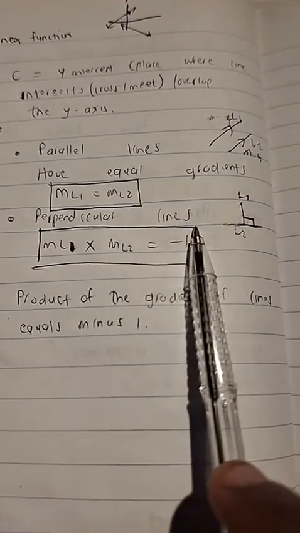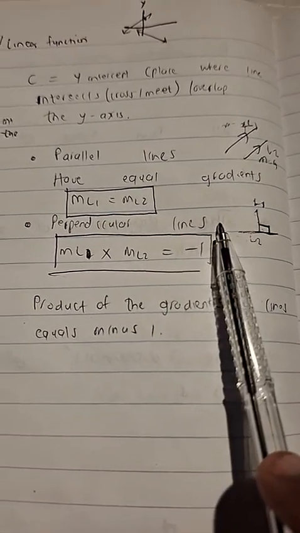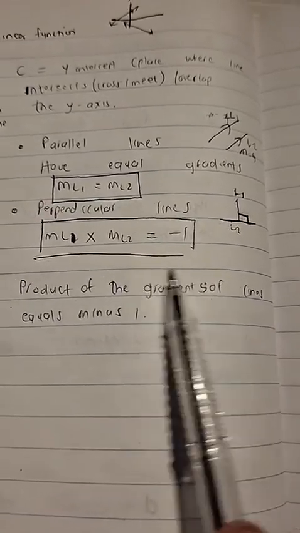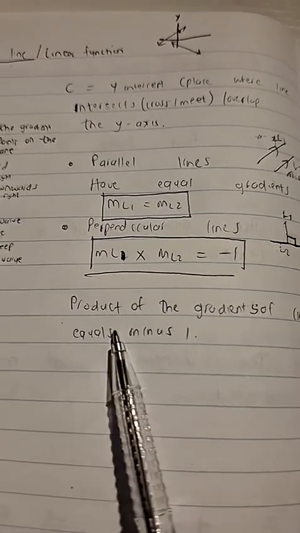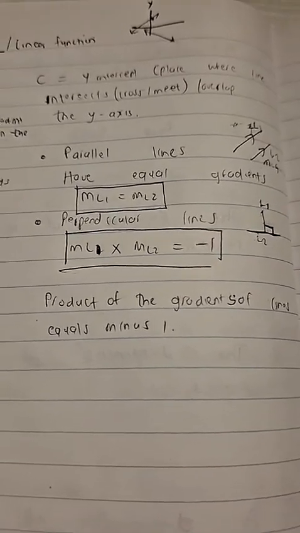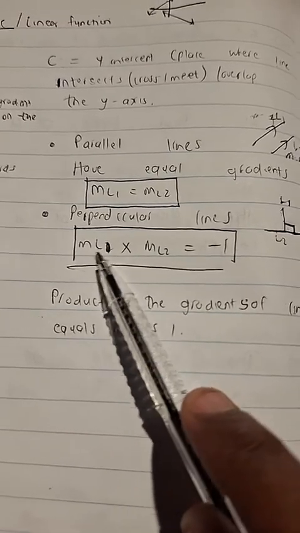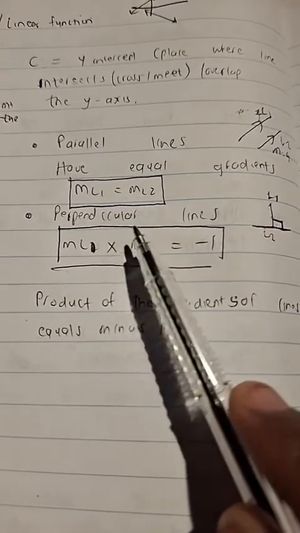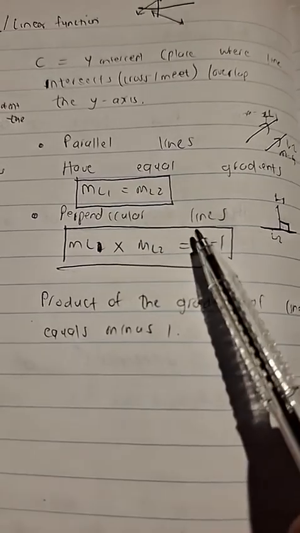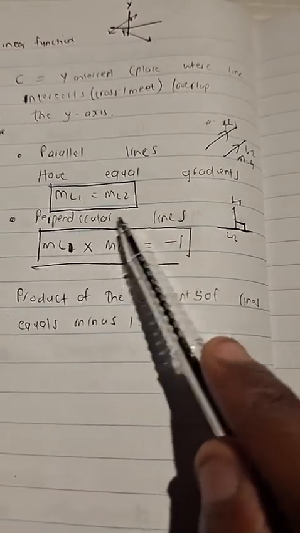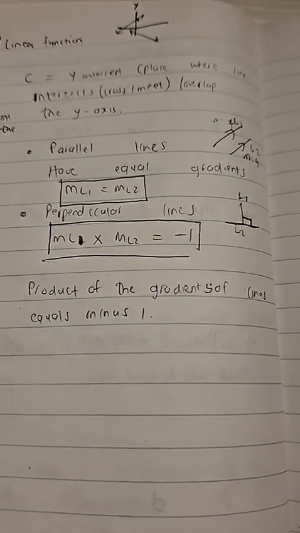But perpendicular lines, what we know about them is that the product of their gradients will be equal to -1. Hence, we are saying the gradient of line 1 times the gradient of line 2 should give us what? -1. Why? Because the two lines are perpendicular.